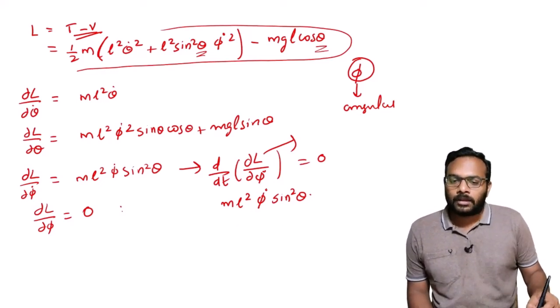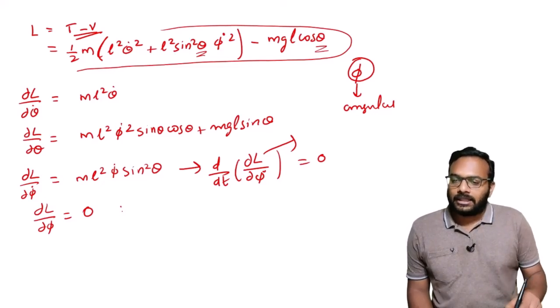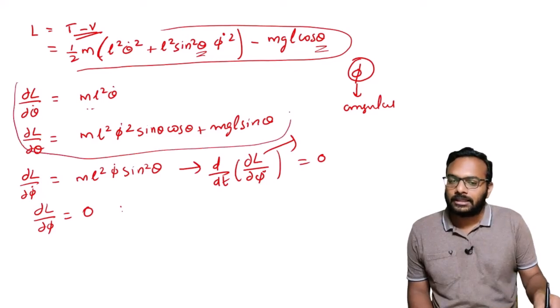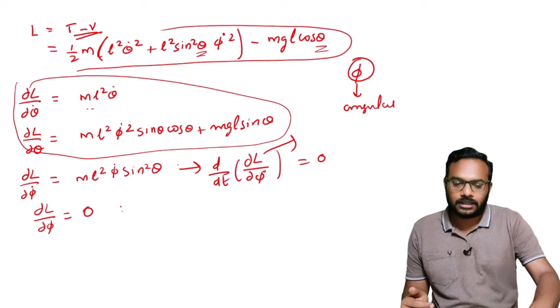You can complete this problem by finding the equation for θ. Just do d/dt of ∂L/∂θ dot is equal to ∂L/∂θ, and you also find it for φ dot. I'll just write it down for you here.